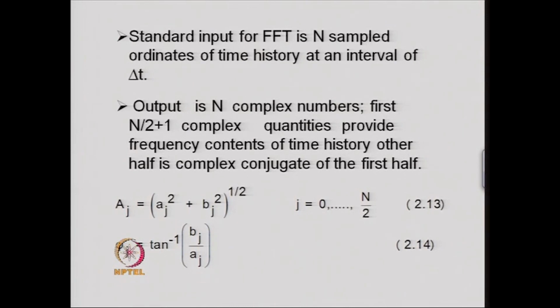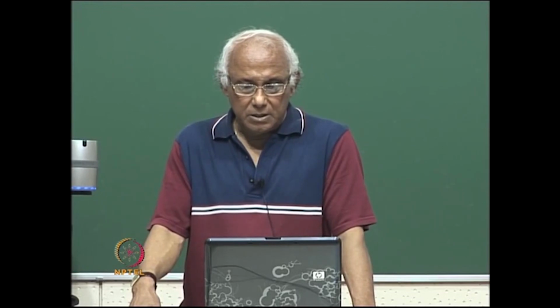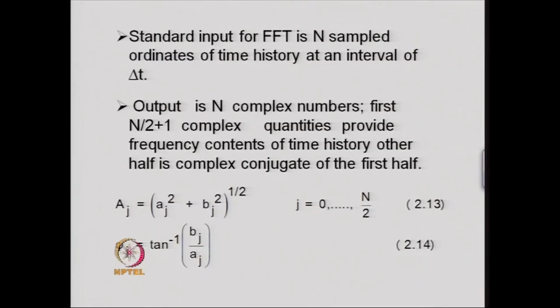The amplitude of the ground motion at frequency omega n is given by equation 2.13, that is Aj is written as the real term square plus the imaginary term square, and then take a square root of that.